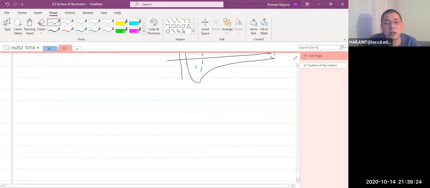So basically, it gives you a finite volume but infinite surface.